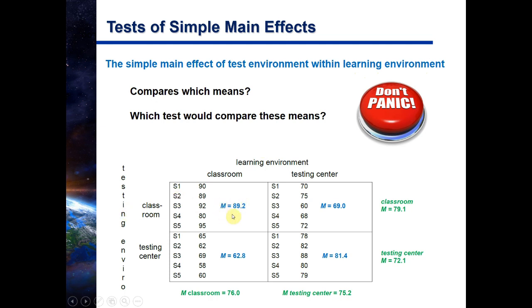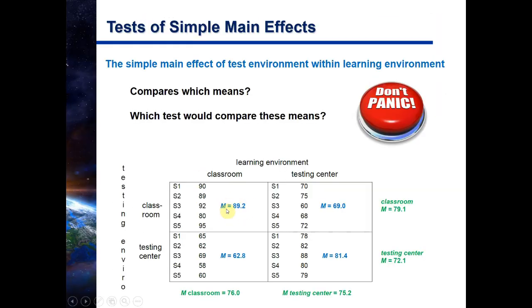So that means we're going to compare classroom testing to testing center, because we're looking at this factor. So we're going to compare these two means, this one to this one, and we're going to do it within the classroom learning environment.